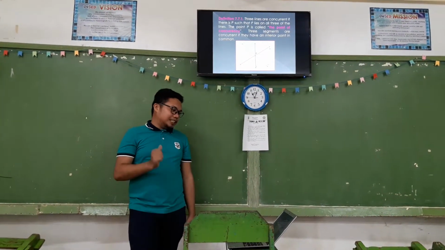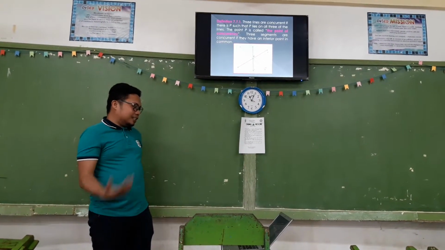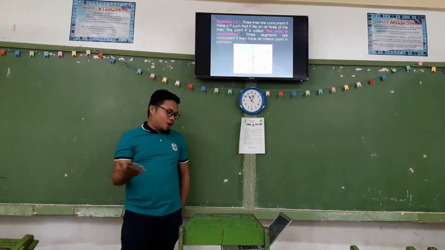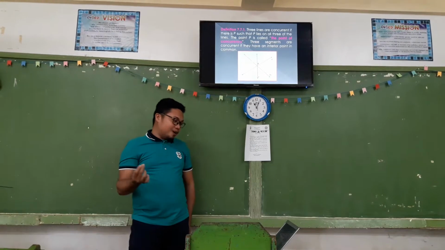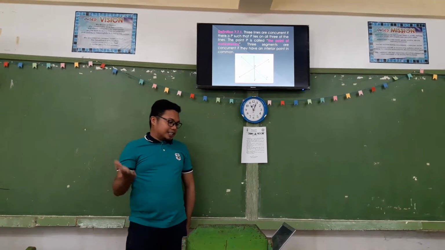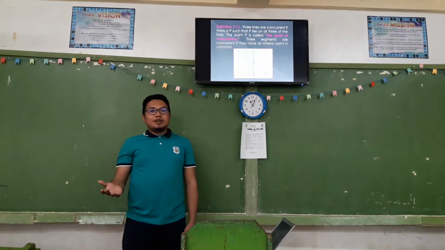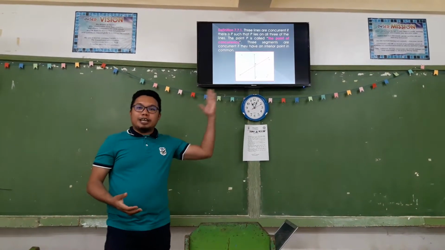So let's go first with this definition. Definition 7.7.1. Three lines are concurrent if there is a point P such that P lies on all three of the lines. The point P is called the point of concurrency. Three segments are concurrent if they have an interior point in common. What have you observed with the figure?